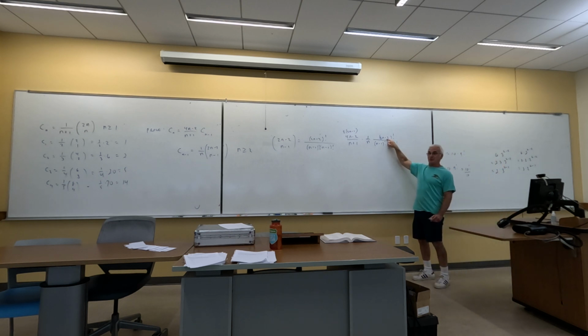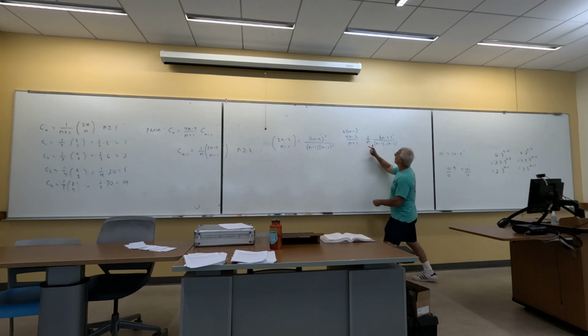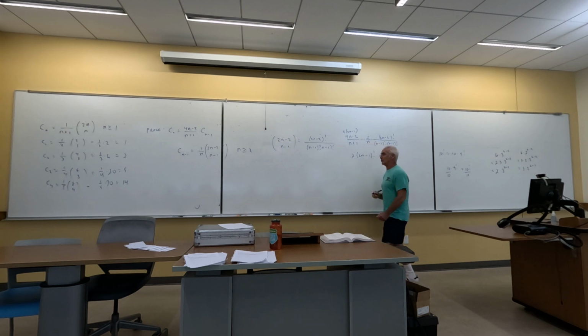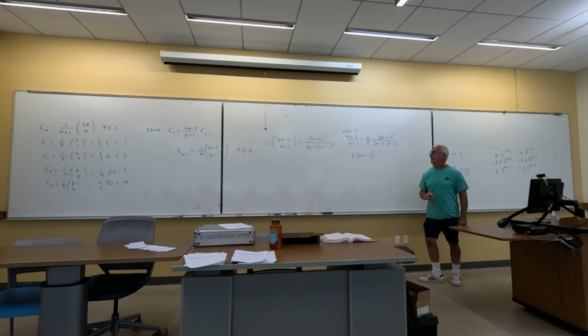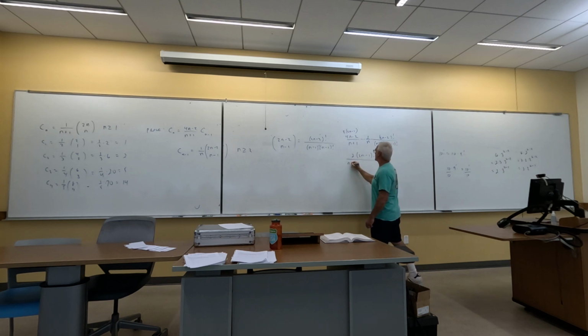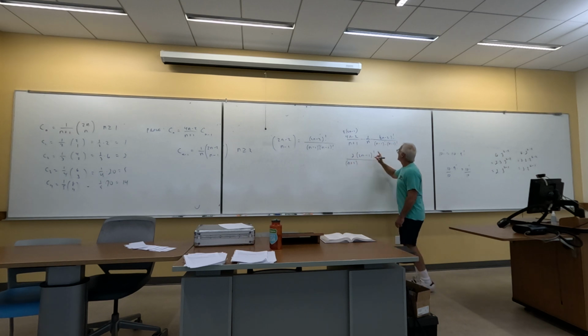I've got 2n minus 2 factorial. If I add 1 to that quantity, I'm now at 2n minus 1. So just let's multiply that term and that term, and now my numerator, think of this as one big numerator. Now my numerator is 2 times 2n minus 1 factorial, isn't it? That's my numerator.